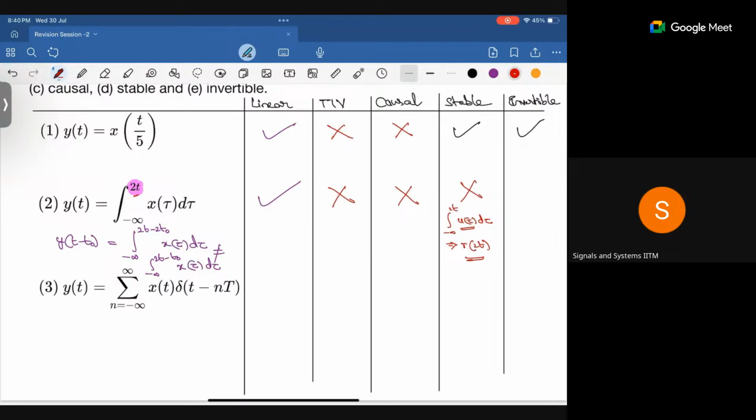Anyone? Okay. One of you said it is invertible.